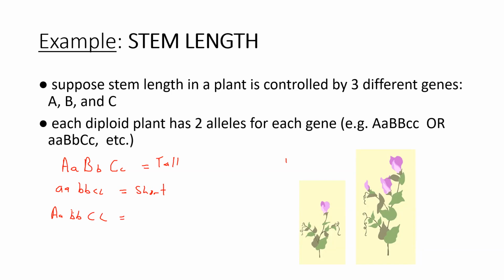Now, this plant clearly has genes for tall, but it also has in slot B, they're all genes for short, which means this plant is going to be somewhat intermediate. Right? It's not going to be super tall. It's not going to be particularly short either. Right?